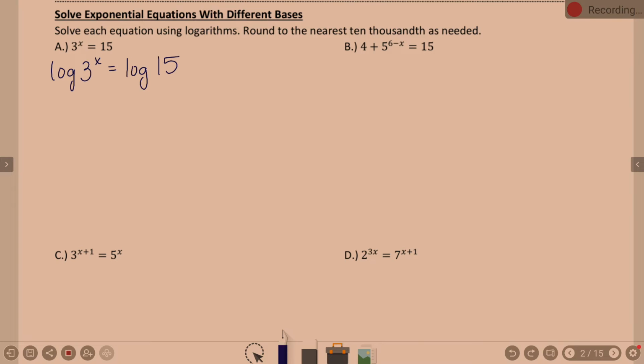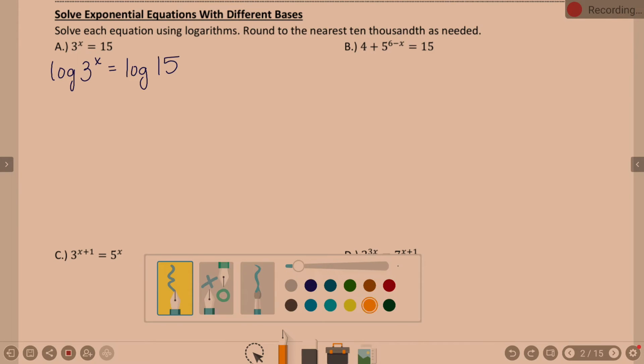Okay? Now, my job is to solve for x, isn't it? We had a property of logs we learned a couple lessons back. Or maybe it was just 6.5. What about that power of x? Where can it go? Remember the power property of logarithms? The power property says you can take an exponent and you can move it out to the front.